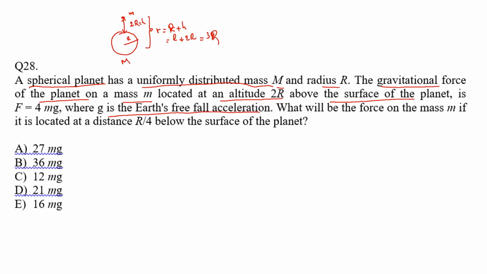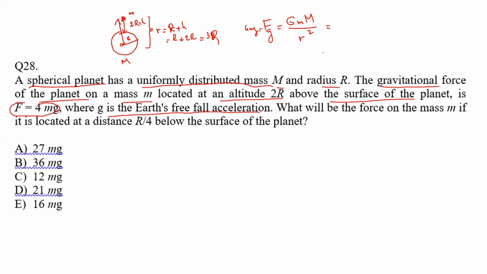And I'm telling you the gravitational force here. What is the gravitational force here? As you know, Fg is G times the mass of the object times the mass of the big astronomical body, divided by r squared, r being this distance here. And this, I told you already, is equal to 4mg according to the problem.